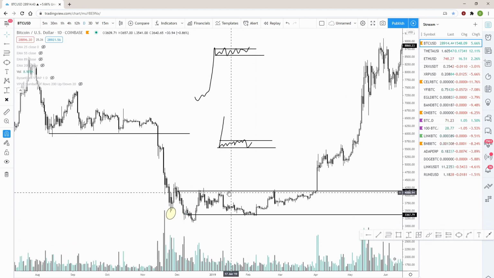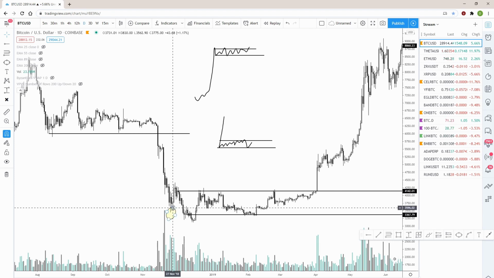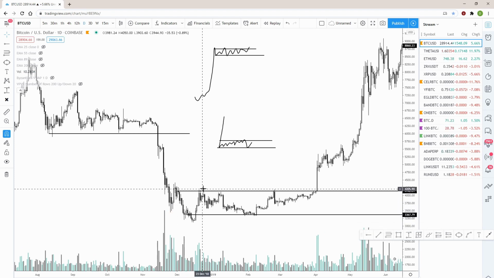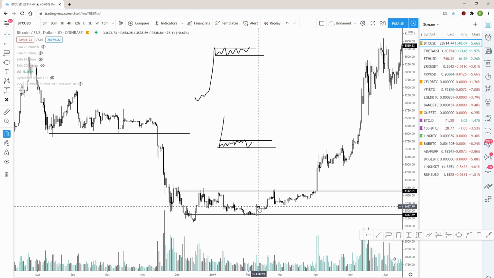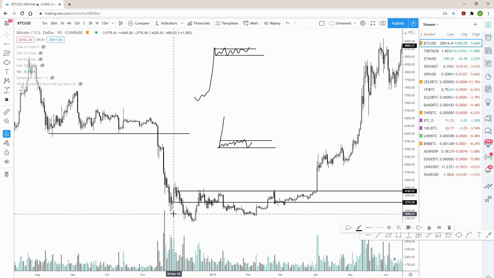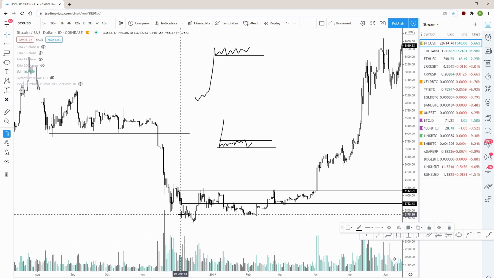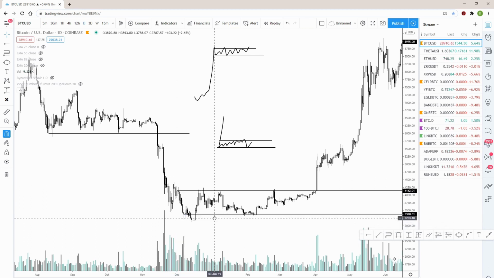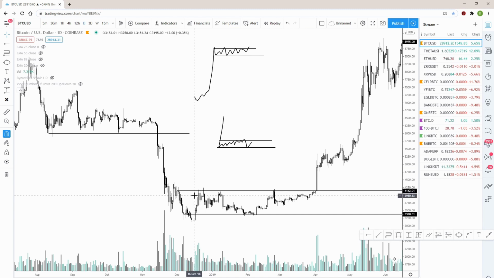Charting the range can be tricky, but generally you want to look for the swing lows and then the swing highs. And when you do chart ranges, expect both swing lows and swing highs to be tested multiple times. And of course, as with anything charting, these charting ranges are sometimes subjective.